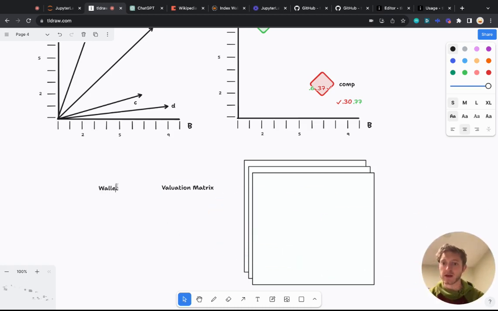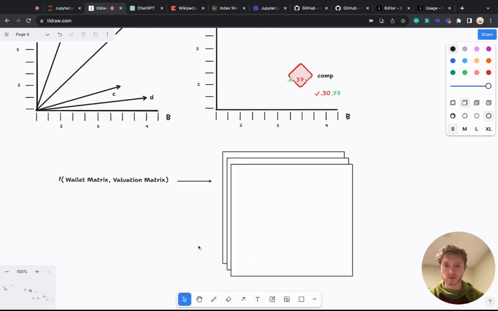Okay, so we have our wallet matrix. We have our valuation matrix. We have some function which accepts both of those. We would love to find this function. And output.